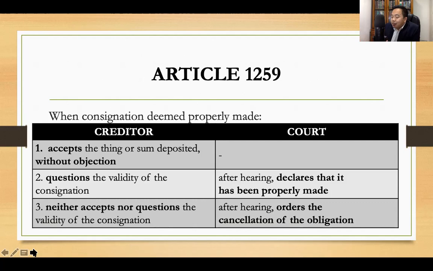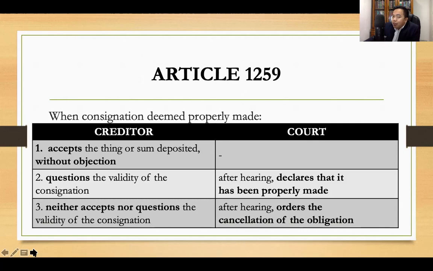Kasi class, if the debtor would like to settle his obligation but the creditor unjustifiably refuses to accept the payment, then what is the remedy of the debtor? No? So the debtor will have to consign the payment to the court so that it is also a way of extinguishing the obligation, right?